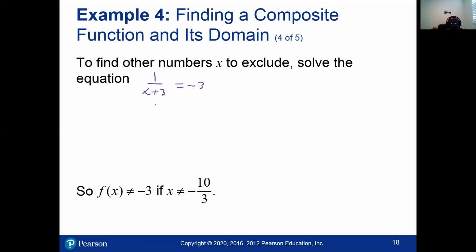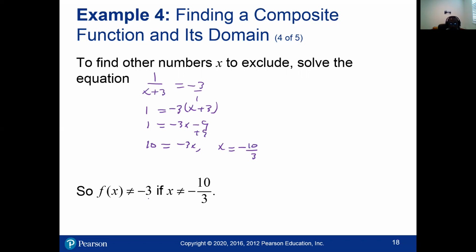When you solve this, cross multiply, it will be 1 equal to negative 3 times x plus 3. That gives you 1 is equal to negative 3x minus 9. Add 9 to both sides, you have 10 is equal to negative 3x, and so x is equal to negative 10 over 3.